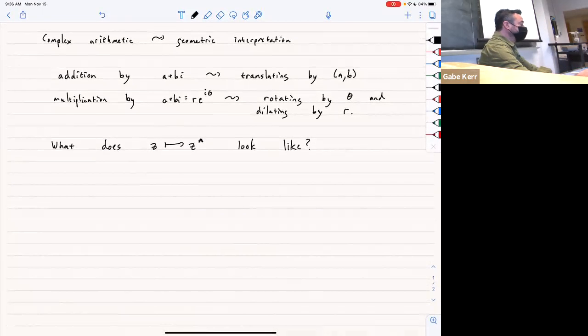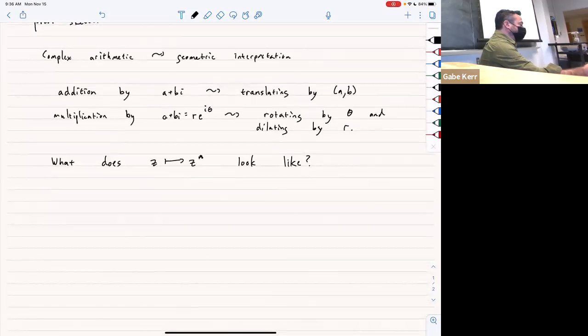Scaling by r to the n and then rotating by n times theta.